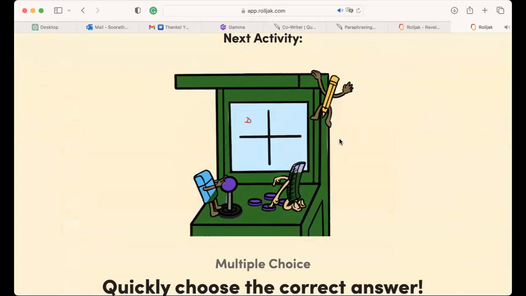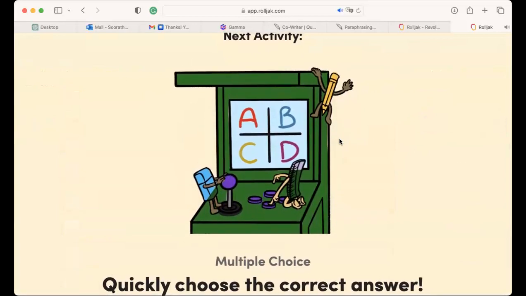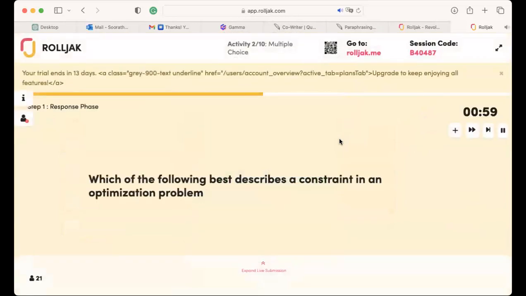Next activity. Which of the following best describes a constraint in an optimization problem?